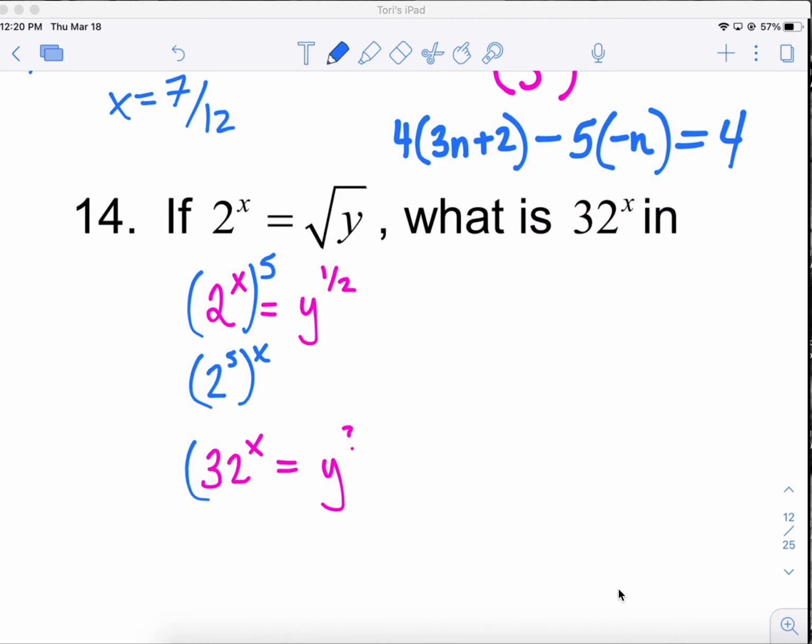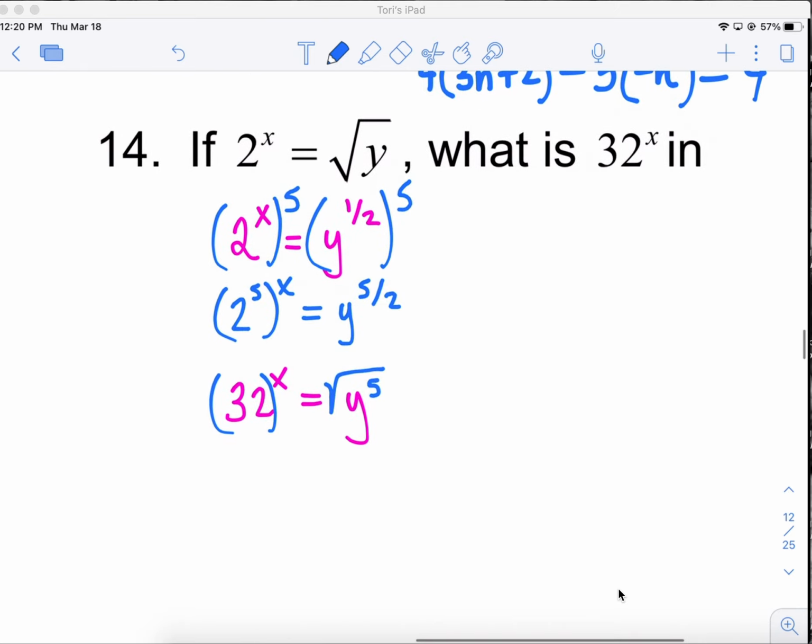And 2 to the 5th would change to that 32. So that's what I'm thinking here. Okay. See if we can do the same thing on this side. So if I blow this up by 5, now I have y to the 5 over 2. And that would give me the same as saying the square root of y to the 5th.